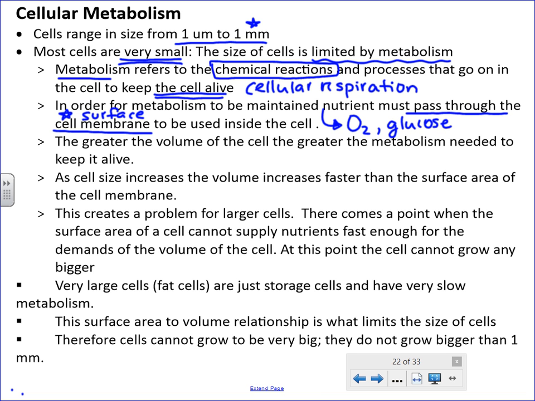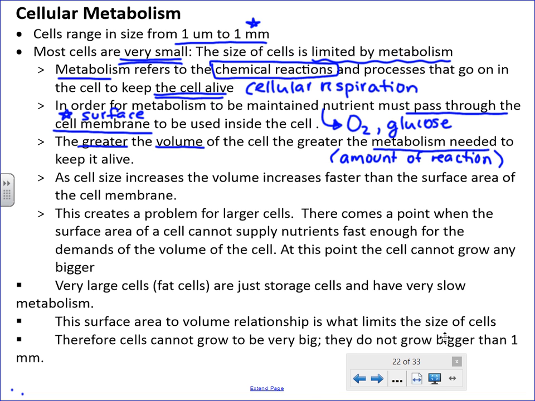So the idea is that if the volume of the cell is greater, then so is the metabolism needed. By that I mean the amount of reaction. So the bigger the cell, the more cell respiration that needs to occur to keep it alive.